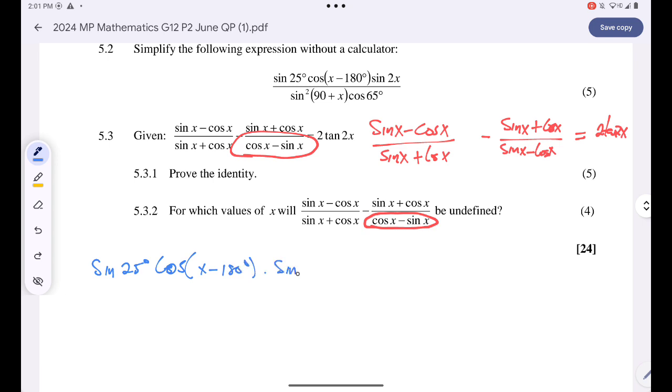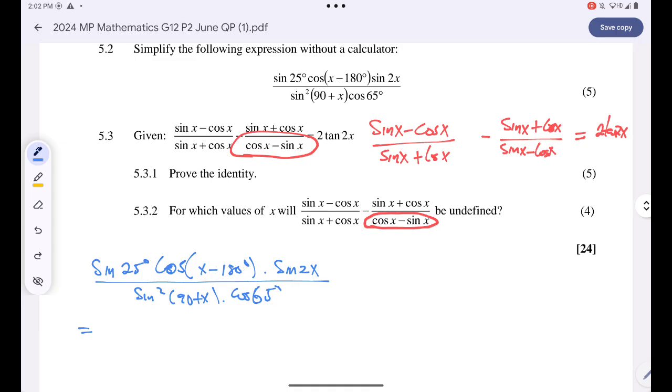Multiplied by the sine of 2x all over sine squared of 90 plus x multiplied by the cos of 65 degrees. Okay, all I have to do, guys, is to reduce these two angles which have x minus 180 or 90 plus x. Okay, x minus 180, guys.